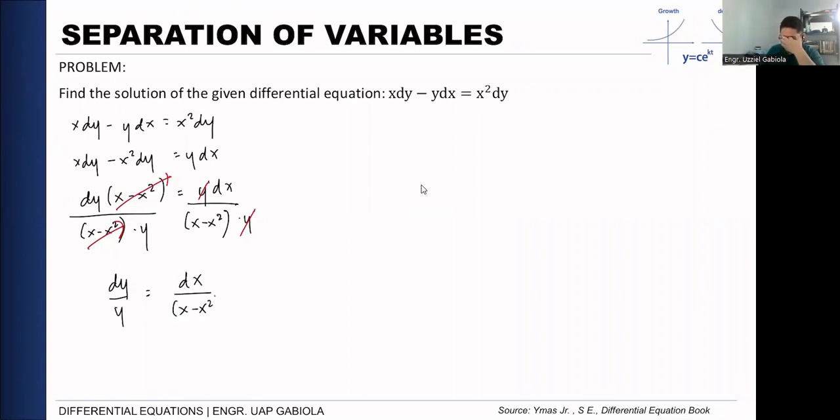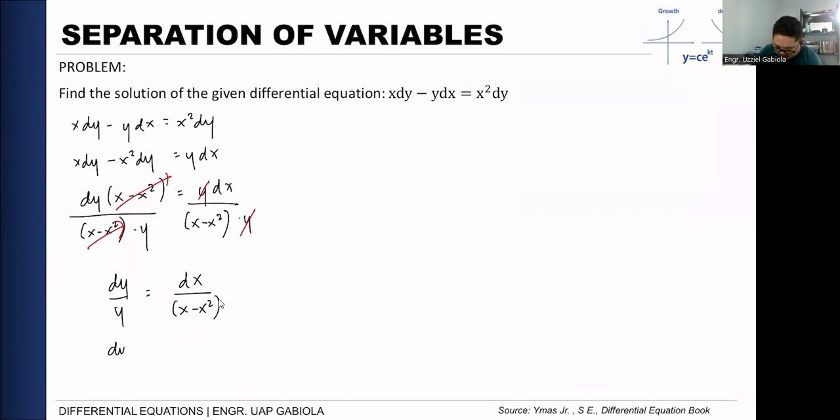Okay? Ayan. So, ngayon, okay ka na doon sa first step. Next step mo is to integrate. Okay? And anong problema dito, yung sa left side, no problem. Madali lang yung left side. Yung right side yung magiging problem natin. You need to simplify yung dx over x minus x squared.